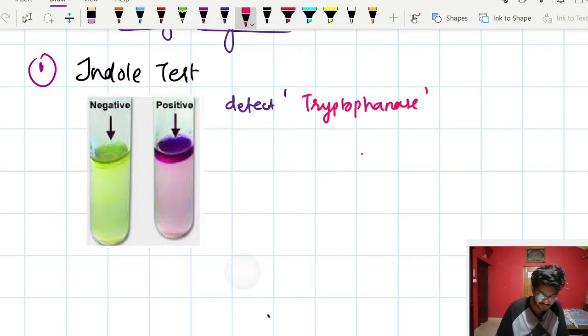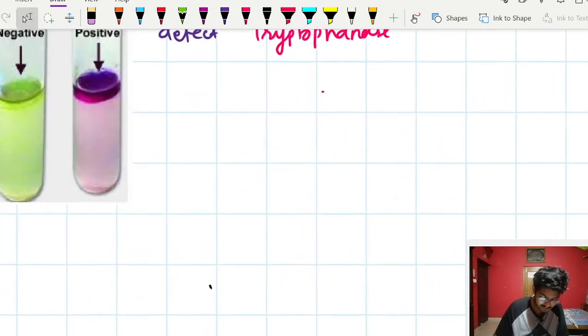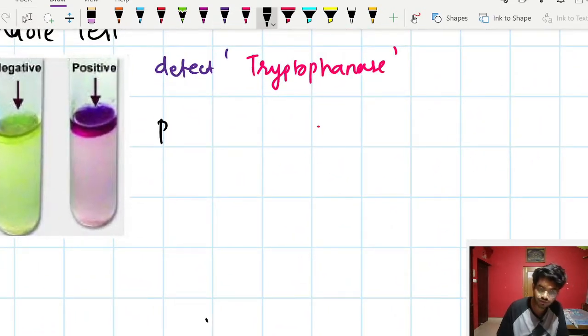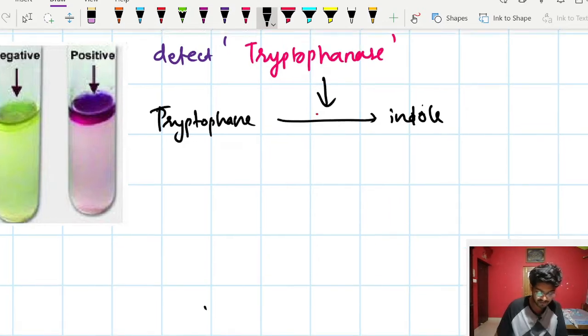What tryptophanase does is that the amino acid tryptophan is converted into indole by the presence of tryptophanase.